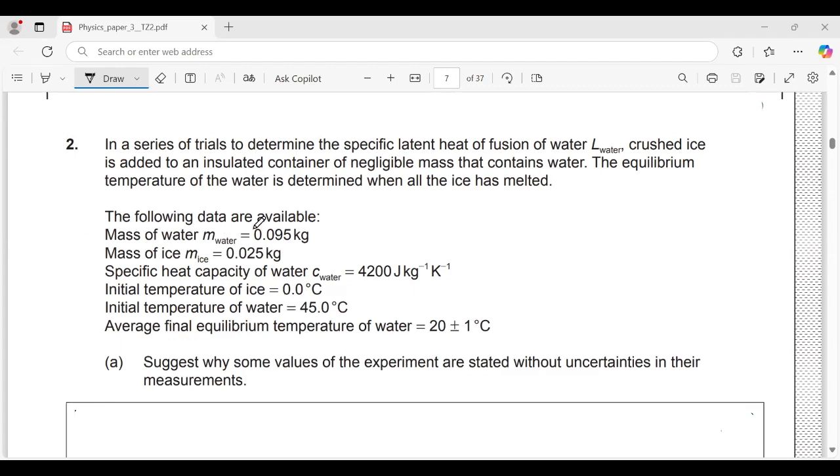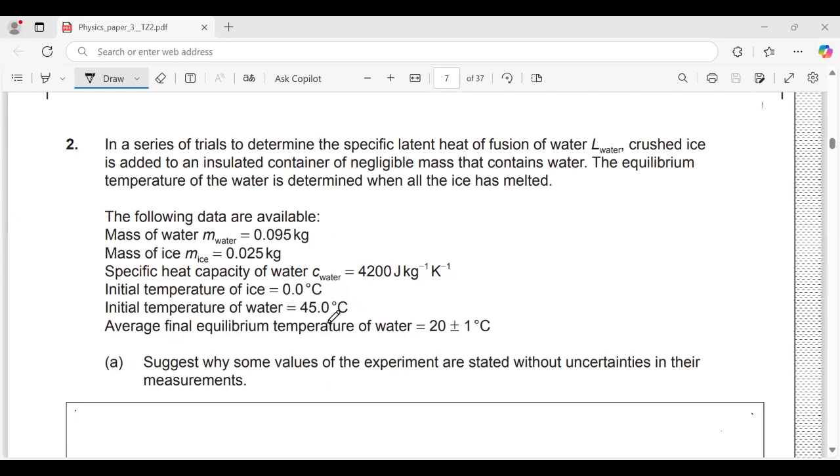Mass of water 0.095 kg, mass of ice 0.025 kg, specific heat capacity of water 4,200 joule per kilogram Kelvin, initial temperature of ice 0.0 degrees Celsius, initial temperature of water 45 degrees Celsius.